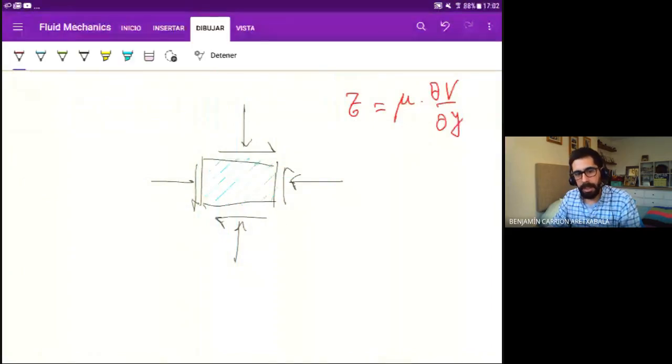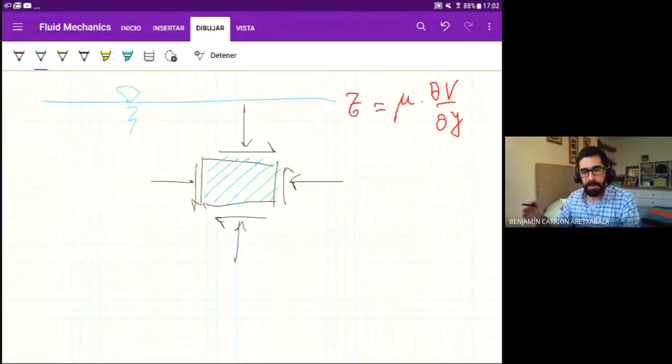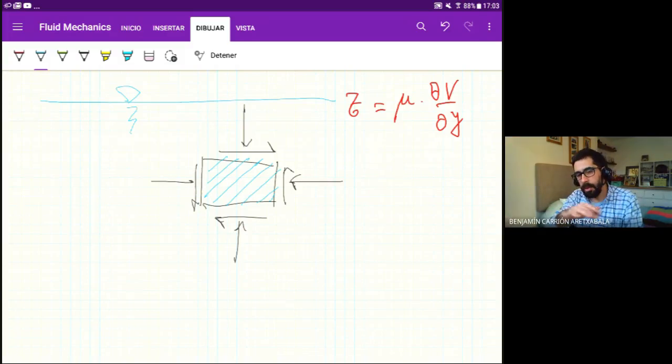And if we have a fluid at rest, that means, let's say we have a fluid. Here's the free surface. The free surface is the limit of the fluid, in this case the water, to the atmosphere. It is the top part of the water, or where the fluid ends, in the top part.